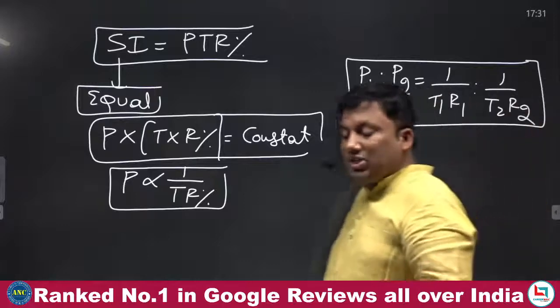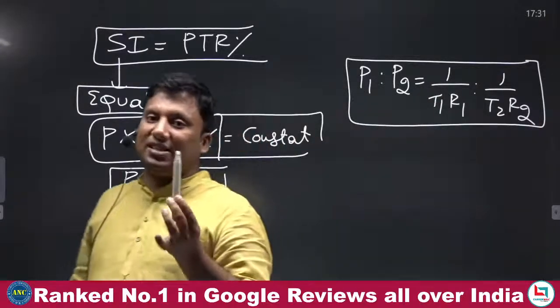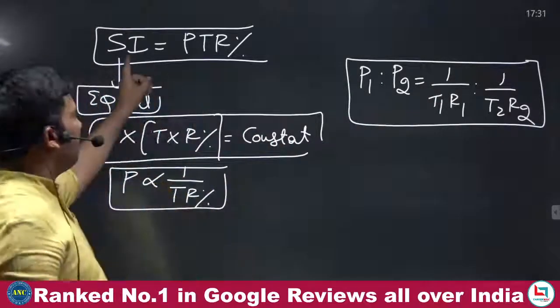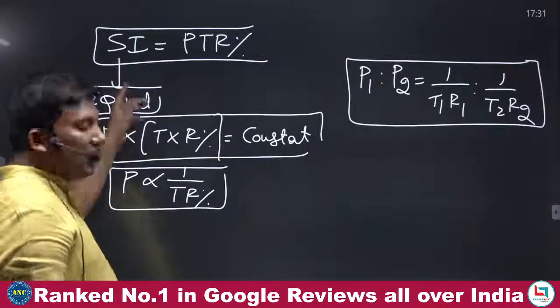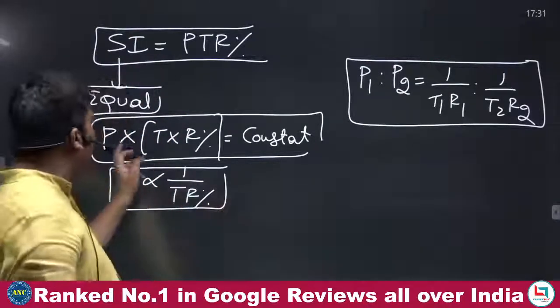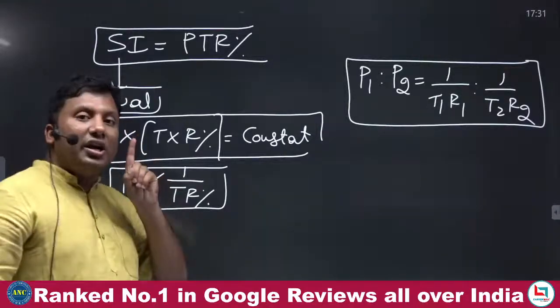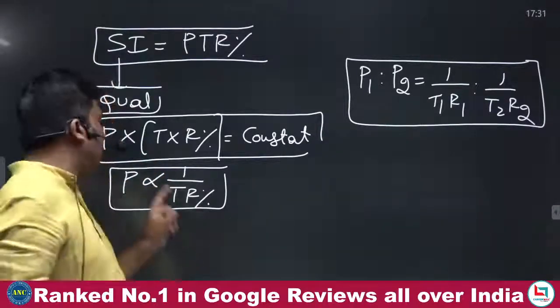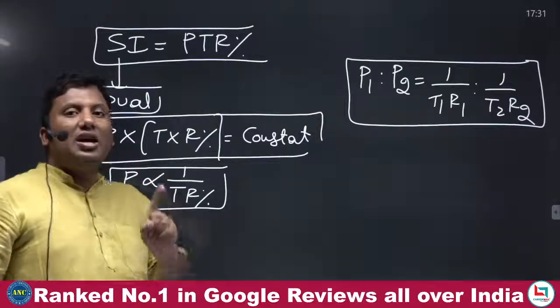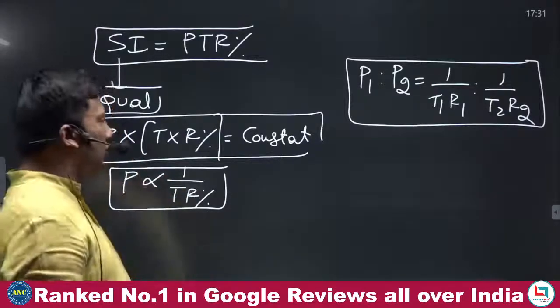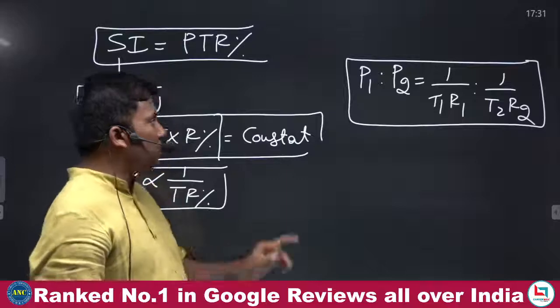Simple interest on both the parts are equal. So simple interest is the same, which means it is constant. P into T into R percentage is constant. Product of two parameters is constant. That means these parameters are inversely proportional to each other.